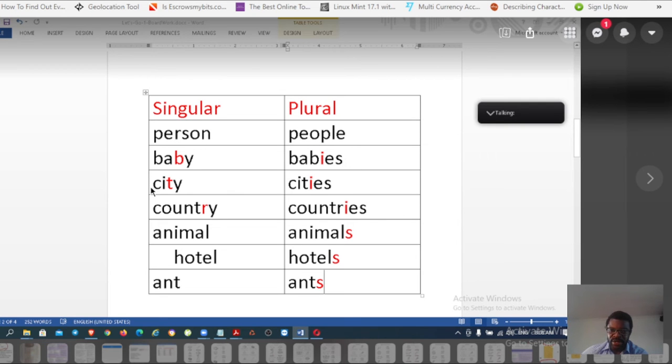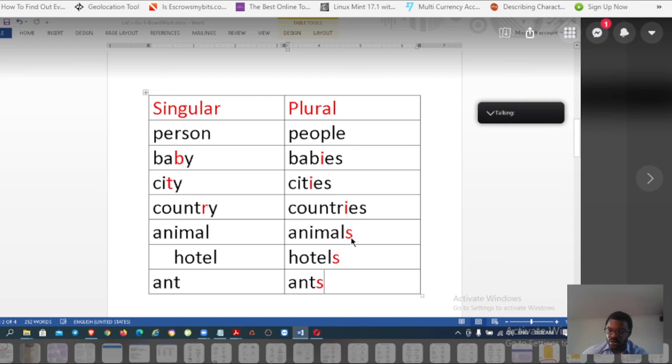Here I've got city, a noun, but the T is before the Y, so we remove the Y and add I, then ES to form the plural. Here we've got country, so we remove the R... the letter before Y is a consonant, and replace the Y with I, then we add ES.